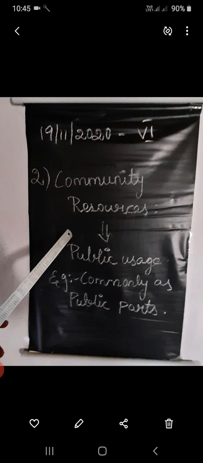Then community resource. It is simply called public usage, a public property. These resources, which are used by all the people in public, are called community resources. For example, public places like roads and beaches are examples of community resources.